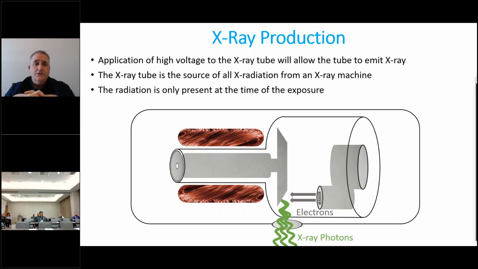When those electrons impact the anode material, they liberate photons, and those photons come out of the X-ray tube with energy that falls within the X-ray energy spectrum. So again, very well controlled, very deliberate, and an on and off situation. You're either actively doing it or you're not, and when you're not doing it, there is no radiation being produced.